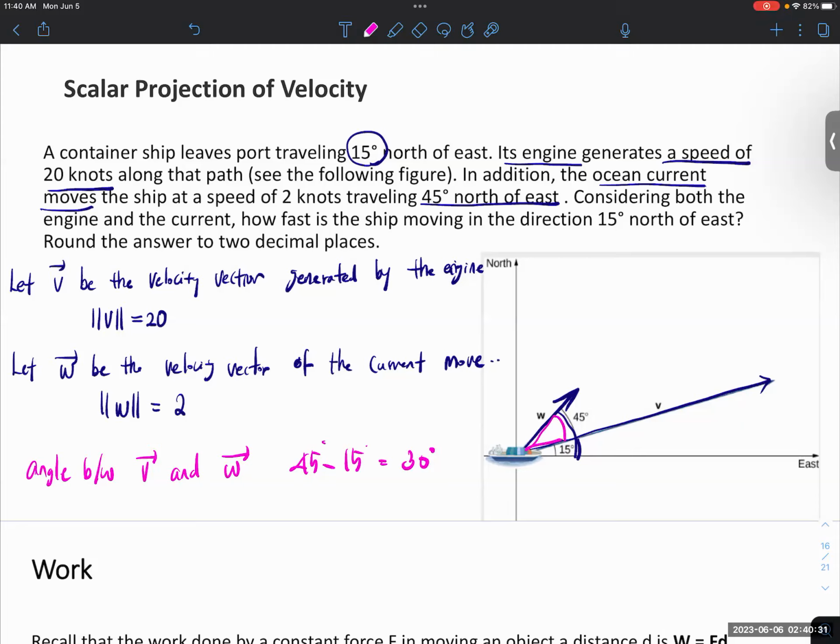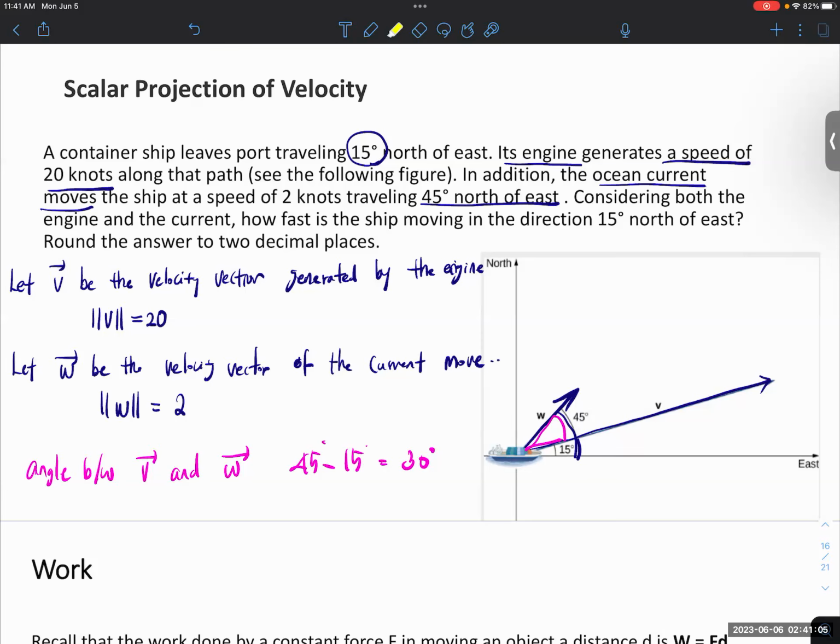You can see it visually. So what they're looking for: considering both the engine and the current, how fast is the ship moving in the direction 15 degrees north of east? So actually they're looking for this one. There are 2 vectors, and they're looking for the component, the vector projection of W onto the V vector.